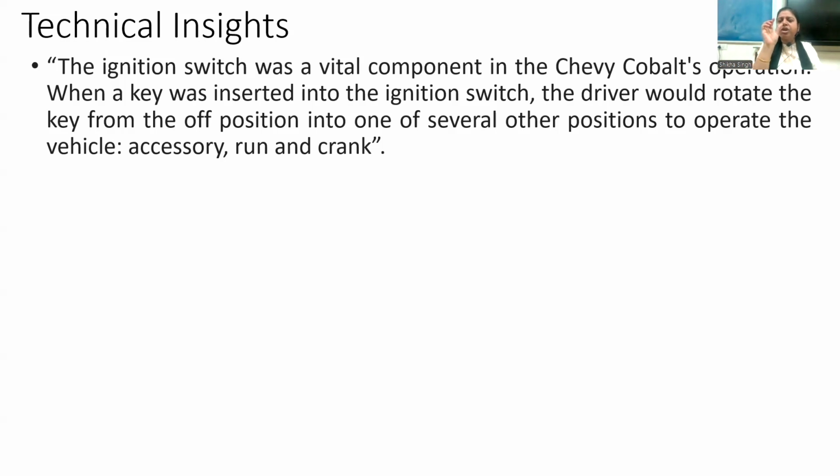Small component. Now you see the problem was the driver would rotate the key from the off position into one of several other positions. The torque required was very low. With a small torque, a small twisting force, it may easily move to other modes, right?